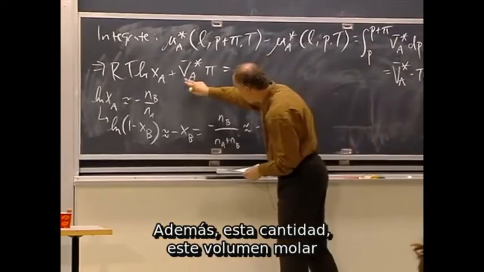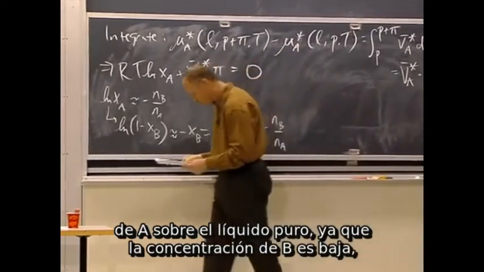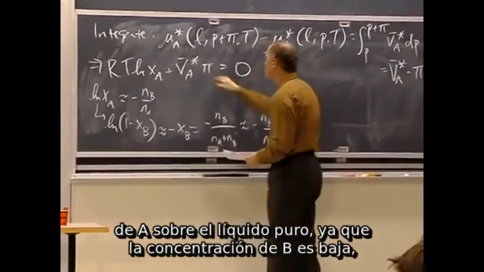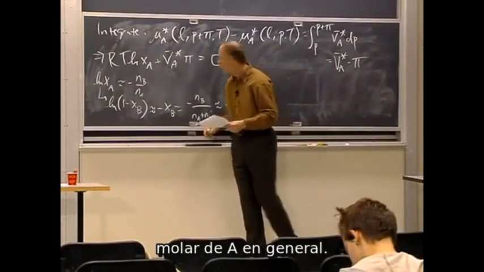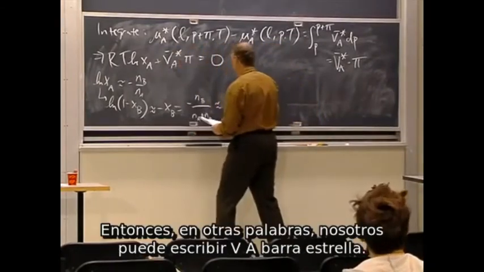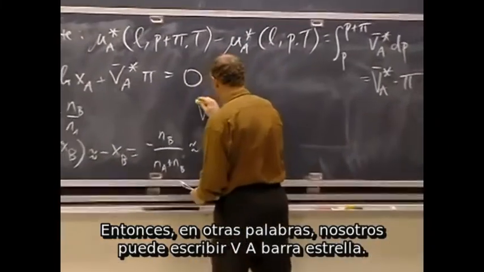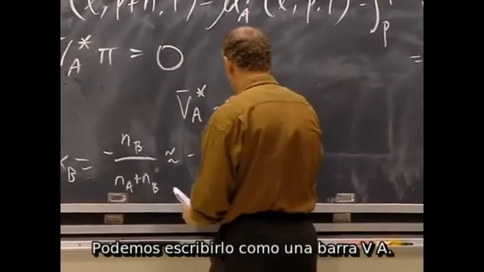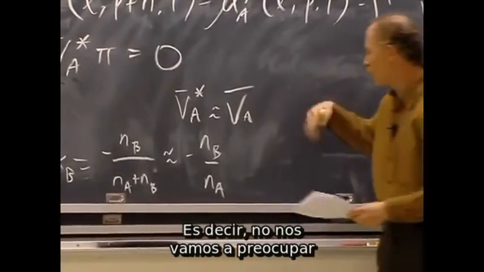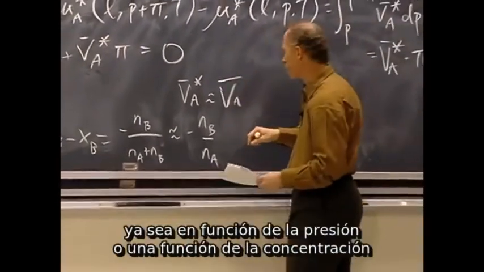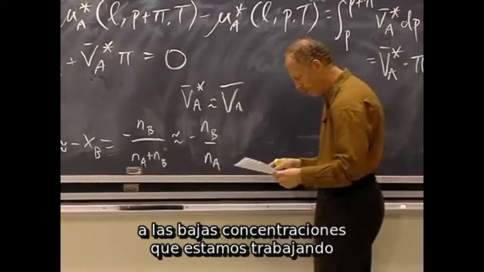Also, this molar volume of A over the pure liquid, since the concentration of B is low, we can assume that this is just the molar volume of A in general. So in other words, we can write VA bar star as VA bar. That is, we're not going to worry about changes in the molar volume, either as a function of pressure or a function of concentration at the low concentrations that we're working.